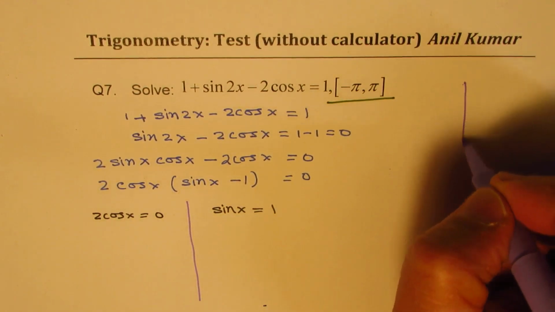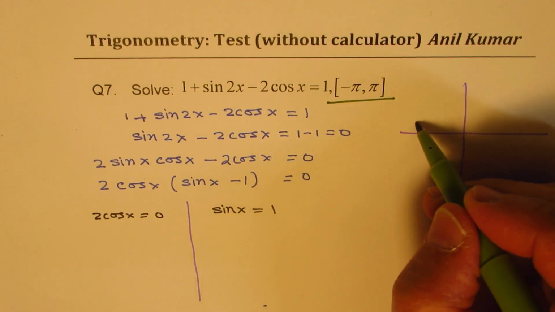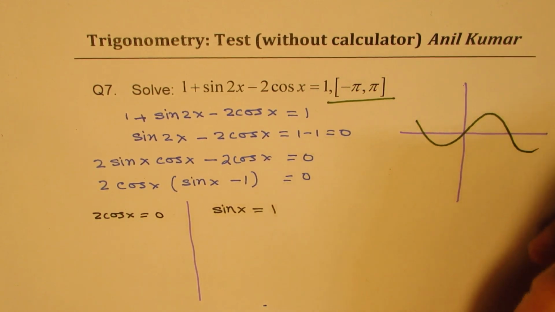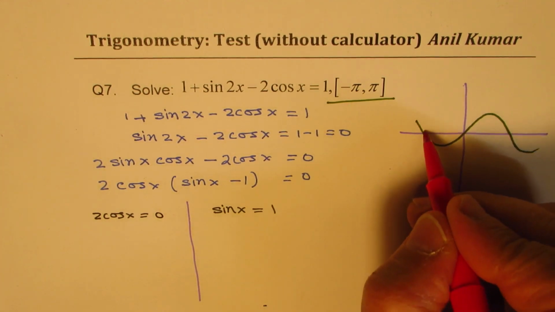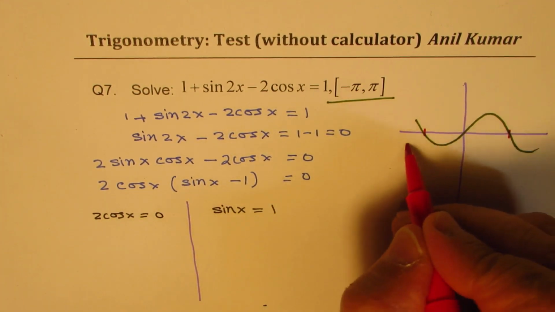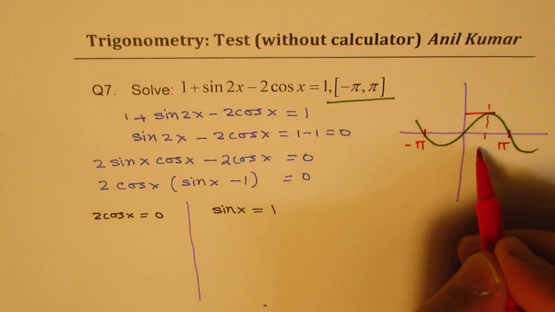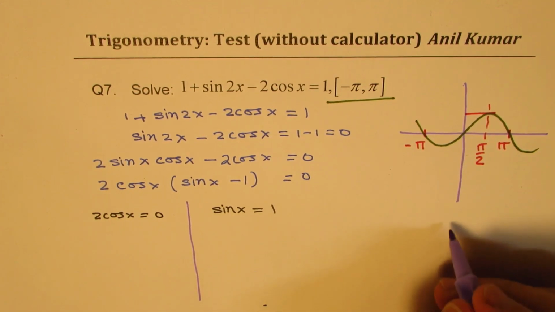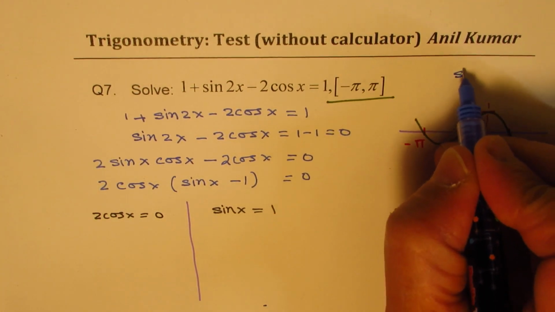So if you sketch your graph for sine x, for example, sine x is kind of this. So from minus pi to plus pi, it is 1 at pi by 2, correct? As far as cos x is concerned, this is sine x, right?